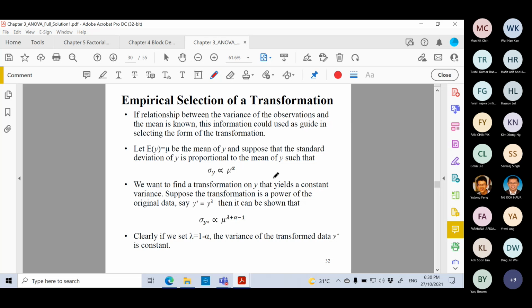After that, you get the residuals and check whether they fulfill the conditions. If they do, you can accept the results. If not, you use another transformation. There are many types of transformation.